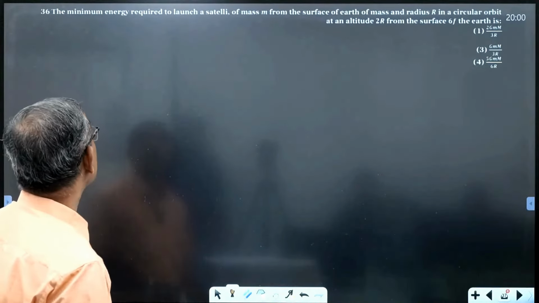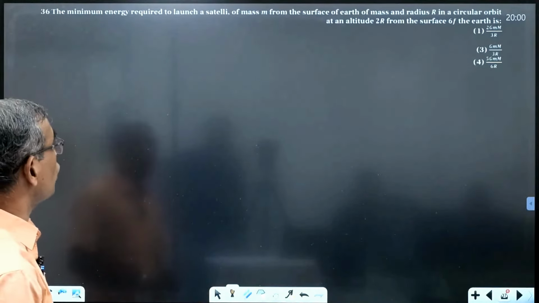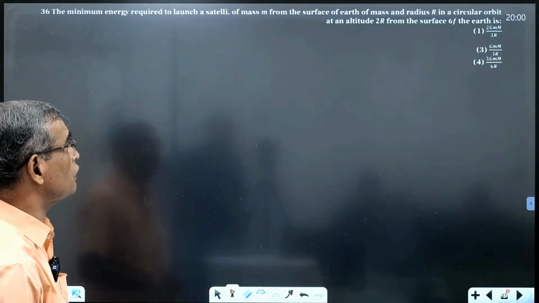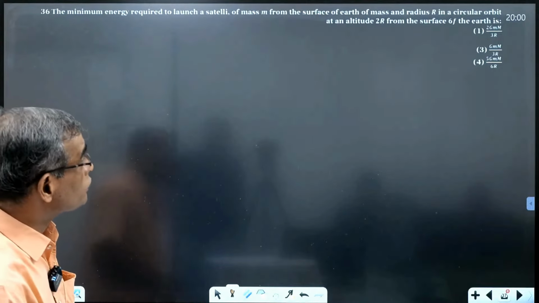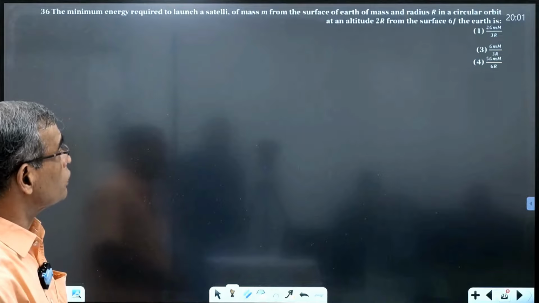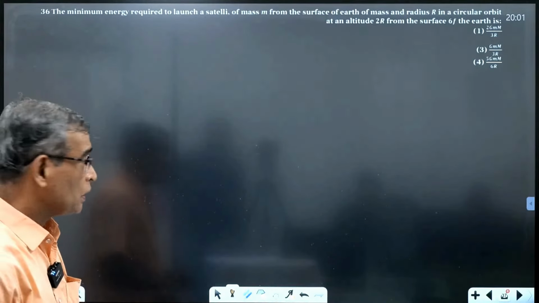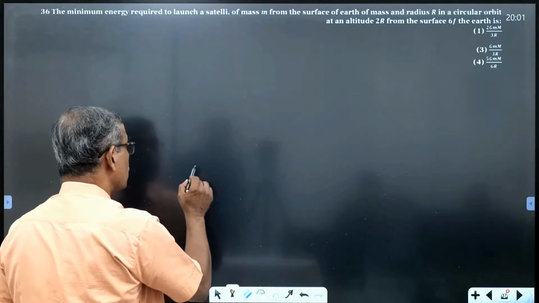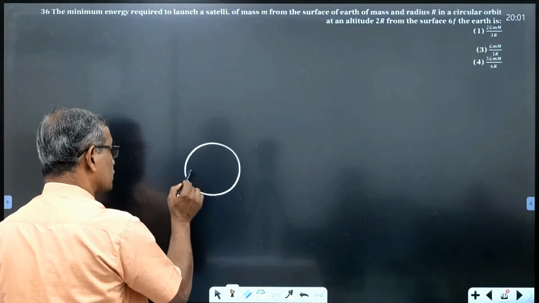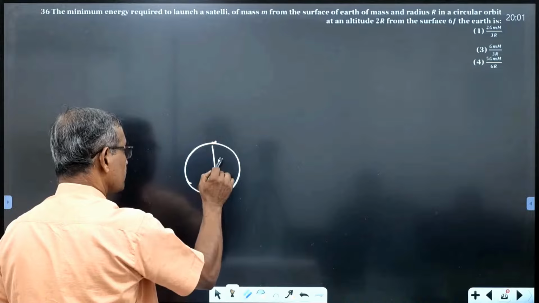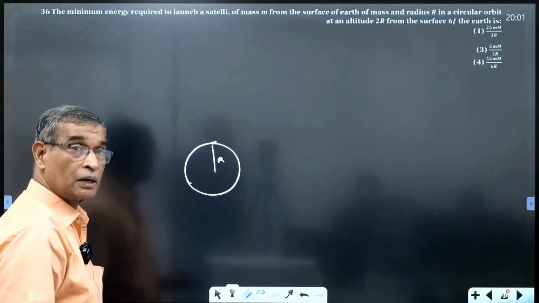Next question. The minimum energy required to launch a satellite of mass m from the surface of Earth of mass M and radius R in a circular orbit at an altitude of 2R from the surface of Earth. Now, initially, the body is on the surface of Earth, radius R. There, the total energy is the potential energy.